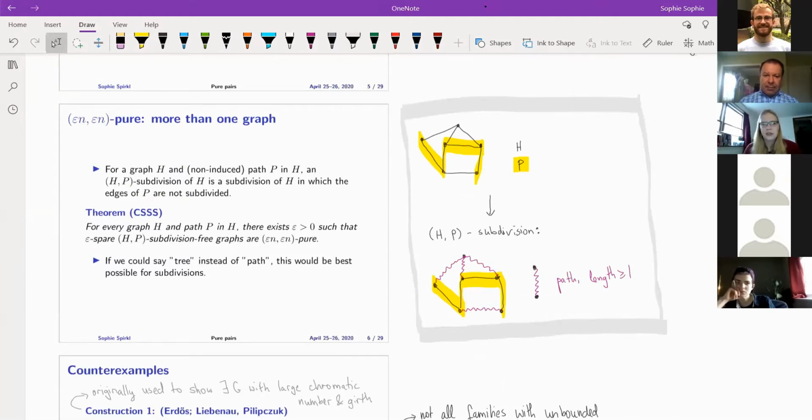So the first thing to look at is what happens if we exclude something that has cycles but more than one graph. The way the Liebenau and Pilipczuk counterexample works is it's just a graph that doesn't have a linear size pure pair but also doesn't have short cycles, which means that whenever we exclude something and want to get linear size pure pairs, we have to exclude either a forest or graphs with arbitrarily large girth.